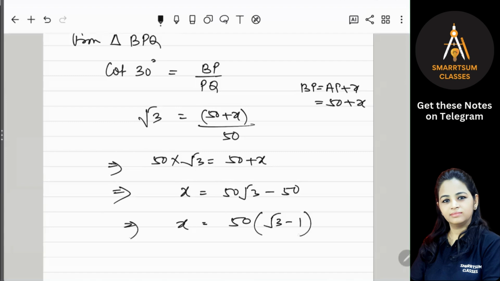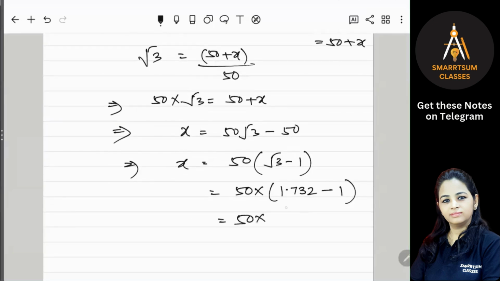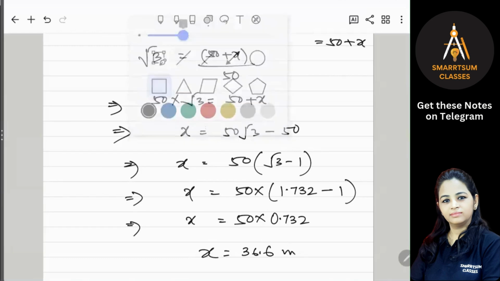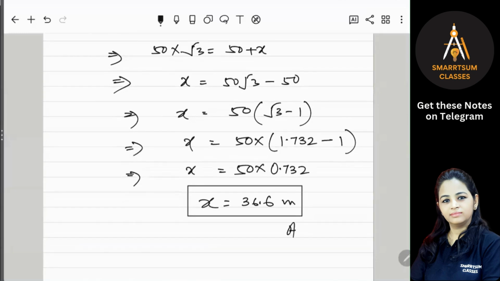Now putting the value of root 3 as 1.732, this equals 50 into 0.732. So x is equal to 36.6 meters. And this is our answer.